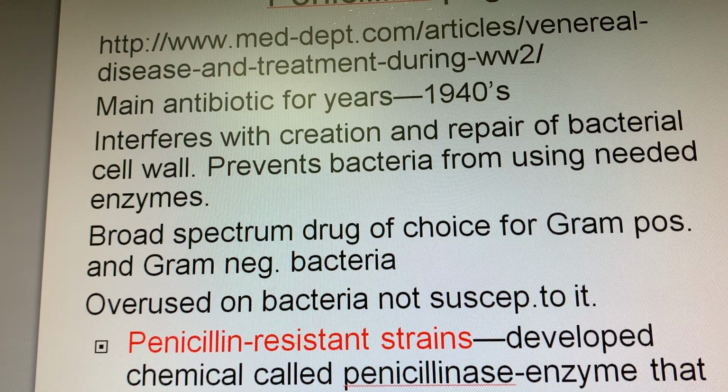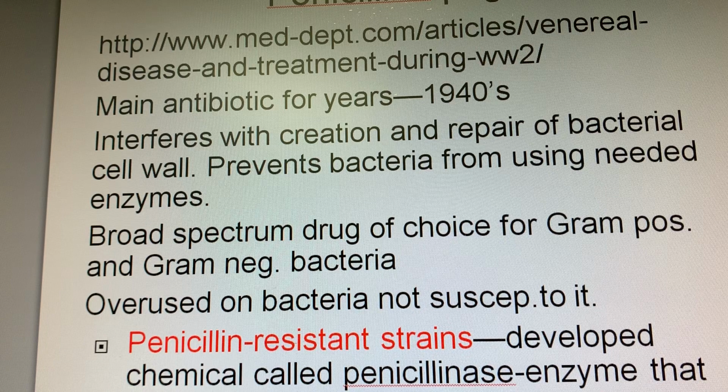But since the 1940s, when it was first available, early 1950s, it has been overused on bacteria that are not susceptible to it. And so it has caused as many problems as it has solved in a lot of cases. One of the things that happened was bacteria have an uncanny ability to mutate quickly in response to changes. And so once these bacteria were exposed to various penicillins, they developed an enzyme that was secreted around the bacterial cell wall.